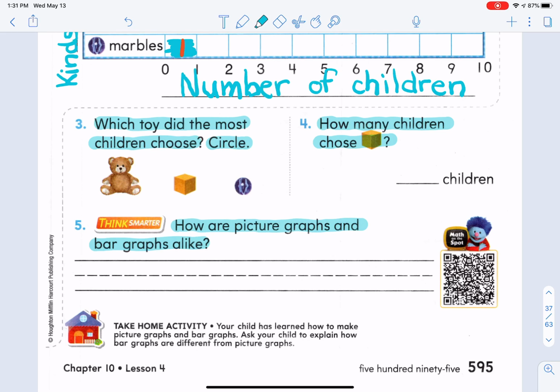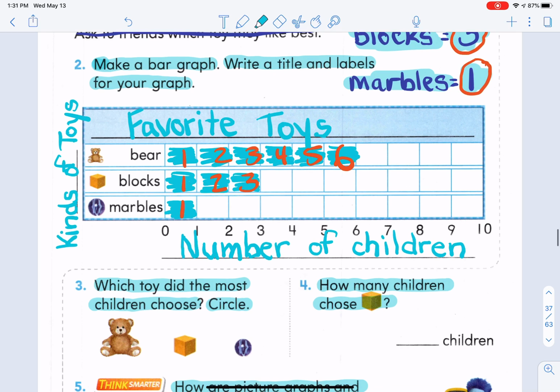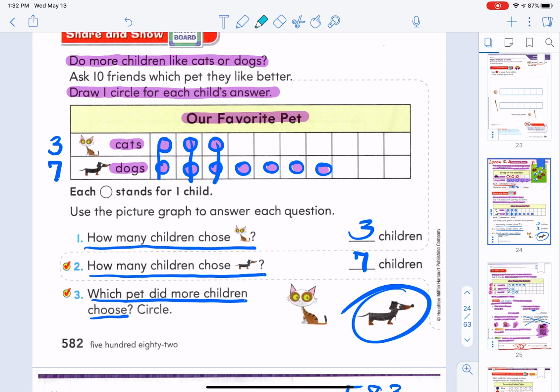Let me see if I can find a picture graph. Now this is a bar graph. Let me see if I can find a picture graph for you. Hang on. Okay, boys and girls, now this is a picture graph. And then, look, our favorite pet.